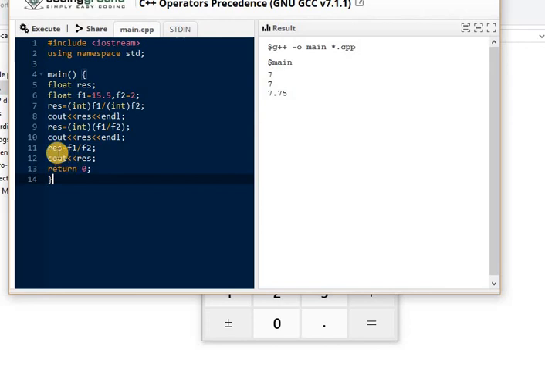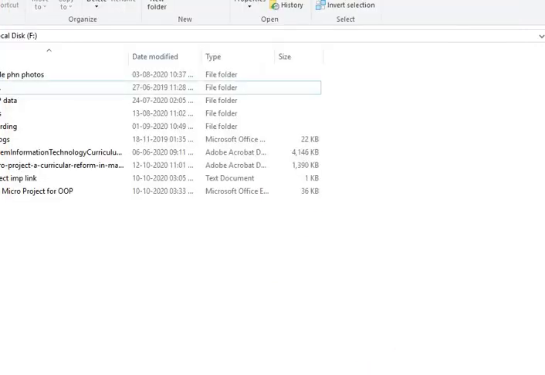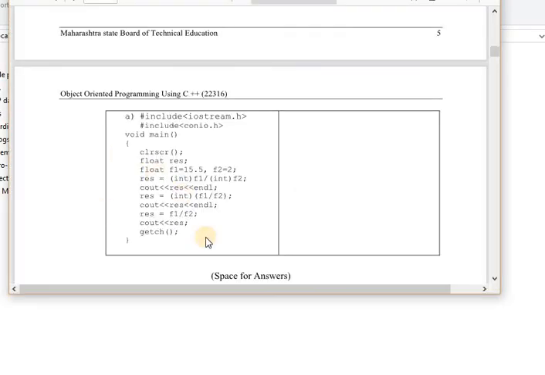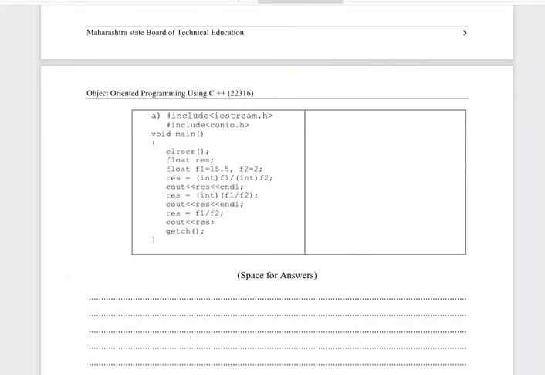Now in this, result equal to f1 divided by f2, that is 15.5 divided by 2. And again the result is stored in the float variable. So it will show the answer as a floating point number, 7.75. So the answer of this program is 7, next line 7, last line 7.75.